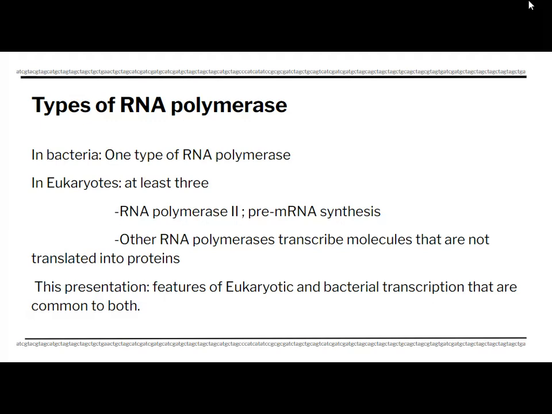So the process of transcription is the same, but what happens afterwards is what makes eukaryotic and prokaryotic transcription different, and we'll talk about that. For now, we are generalizing what transcription is in bacteria and eukaryotes. Just know that eukaryotes have more than one type of RNA polymerase, and it is RNA polymerase 2 that does all the transcription for protein synthesis.